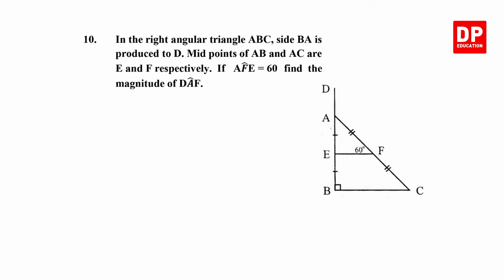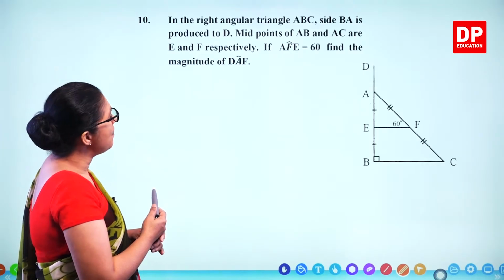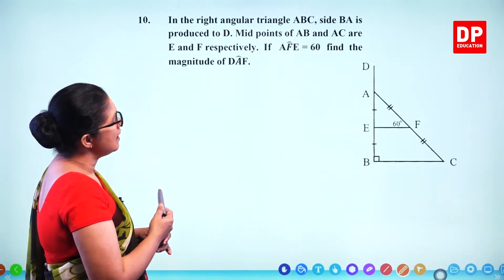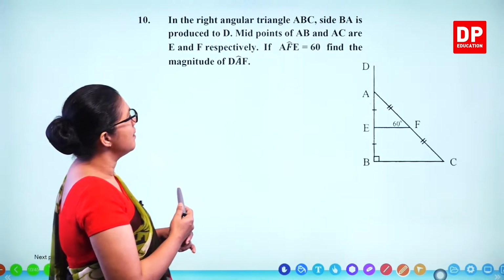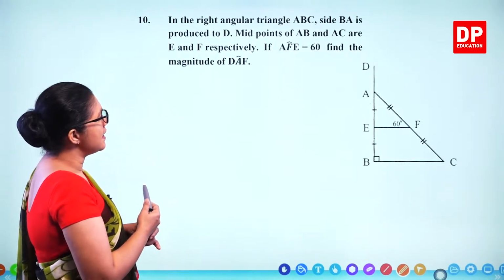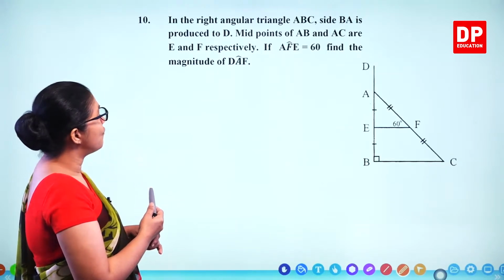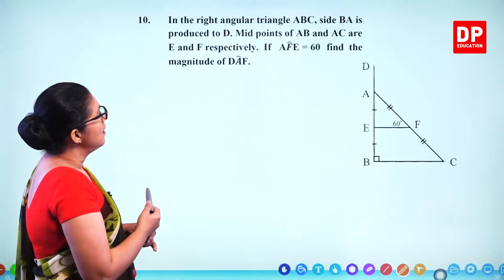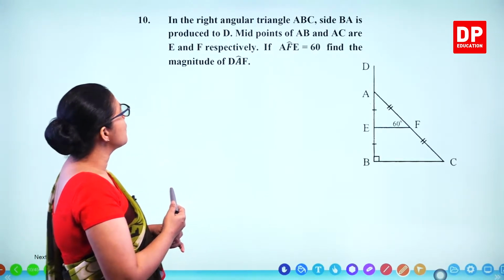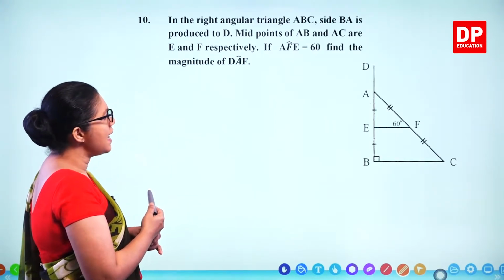Question number 10. In the right angled triangle ABC, side BA is produced to D. Midpoints of AB and AC are E and F. If AFE is 60 degrees, find the magnitude of DAF.